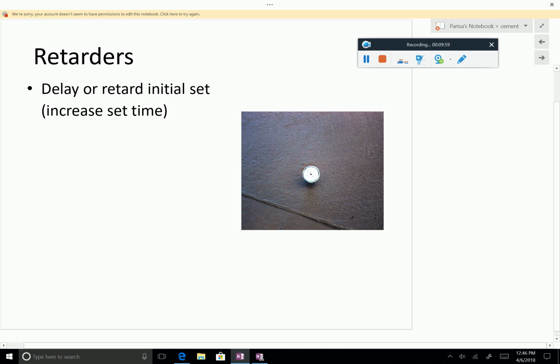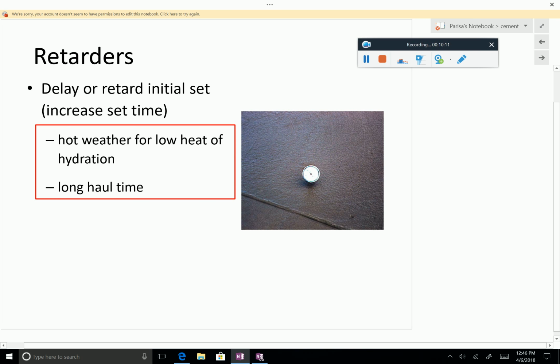Another class of admixtures are retarders. These are delaying or retarding the initial set. Why is this useful? If you have a job in a hot climate, or if you are working on a massive structure like a dam and you need low heat of hydration, or if you have to transport the material to a very far job site, then that's something you want to look into.